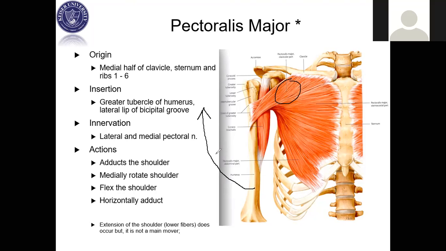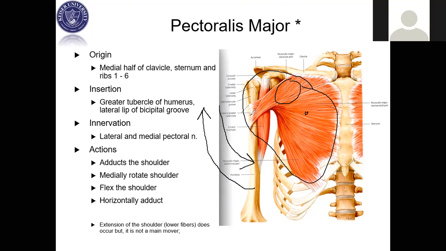So after I abduct, in order for me to bring the arm back, it is the pectoralis major that helps adduct the shoulder. It's this muscle that brings the bone back to its original place. So shoulder adduction is a movement of pec major. Because it's on the anterior side, remember this, this whole muscle is on the anterior side, and it attaches onto the humerus.